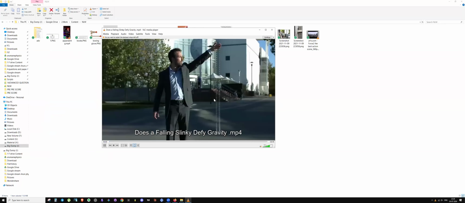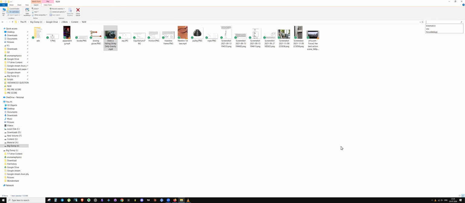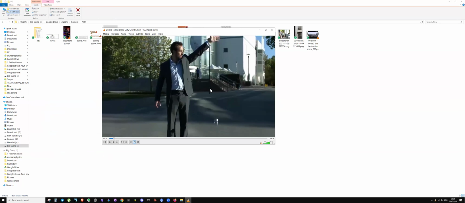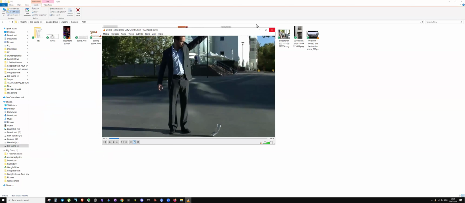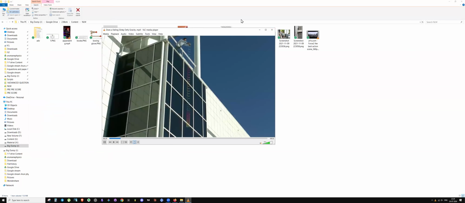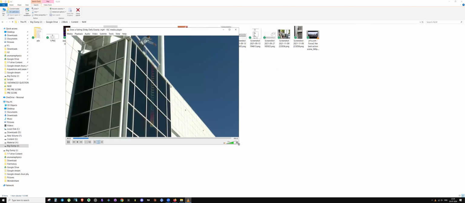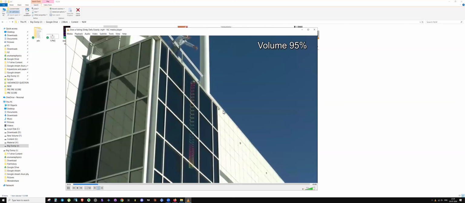Let's hope this works. Maybe something is going wrong with the Zoom only. You guys are able to see the screen? You're able to see the screen, right? Okay. Yes.